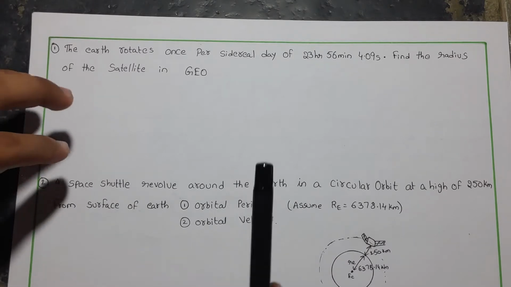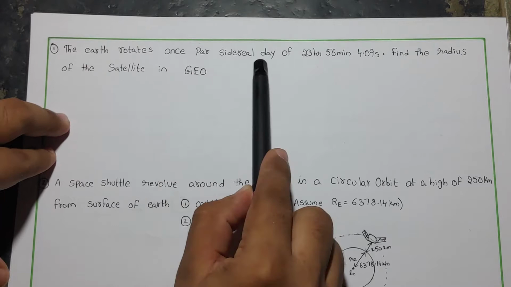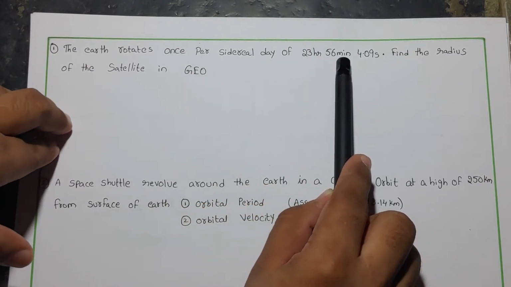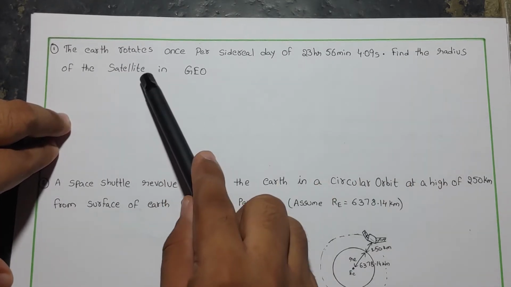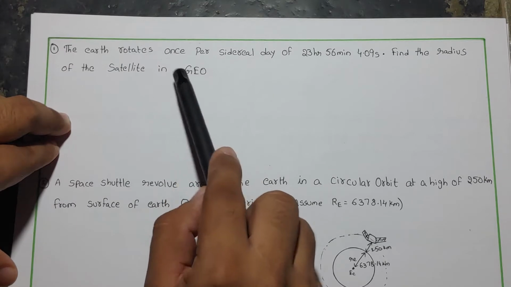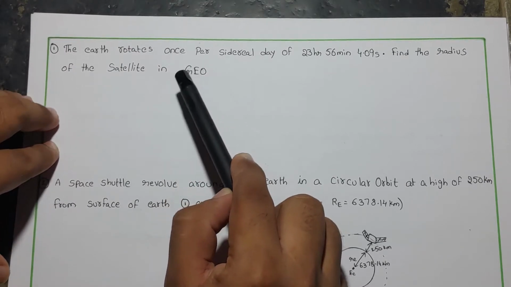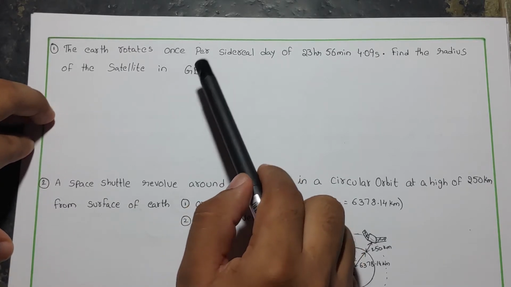Now let us see the first question: the earth rotates once per sidereal day of 23 hours 56 minutes and 4.09 seconds. Find the radius of the satellite revolving around the earth in the geo orbit, that is, the geostationary orbit. We have already discussed geo satellites and their orbit in the first video.